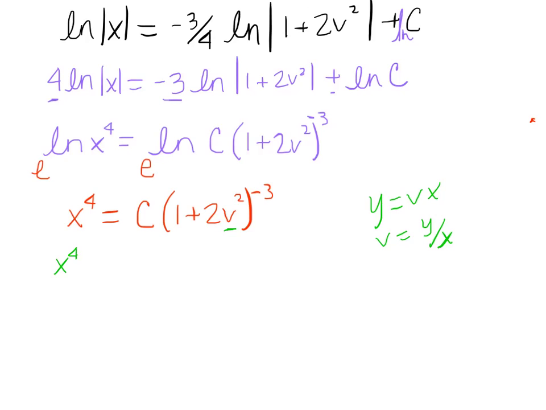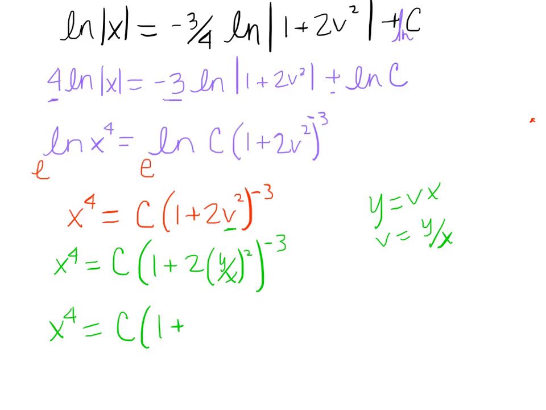So that gives me x to the 4th is equal to c times the quantity of 1 plus 2 times y divided by x raised to the 2nd power, and I'm going to raise all that to the -3rd. So I get x to the 4th is equal to c times the quantity of 1 plus 2y squared divided by x squared, and that whole quantity is raised to the -3rd.